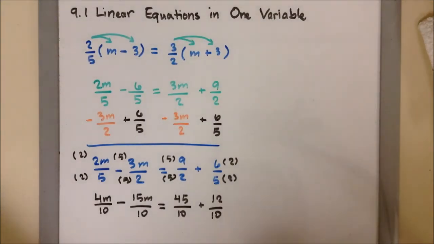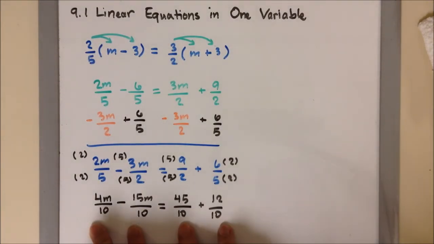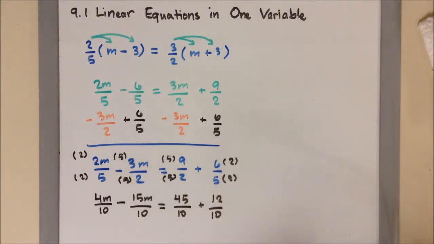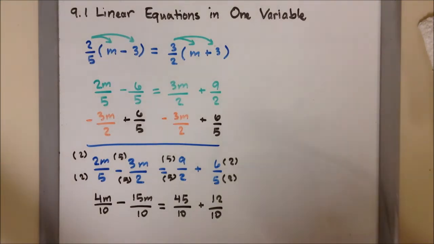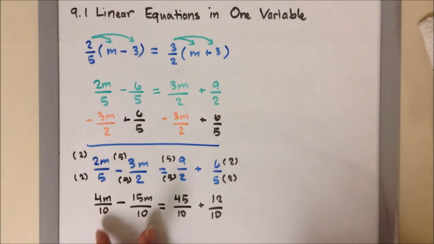Alright, once I finish with that, now you can combine these two fractions on the left side and on the right side because they have the same denominator. So to review, when you're adding and subtracting fractions, make sure to have the same denominator. Alright, so on the left side it's 4m over 10 minus 15m over 10.